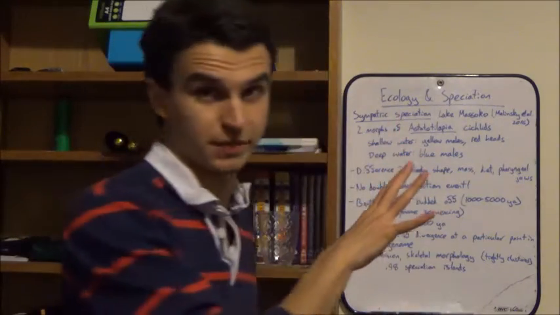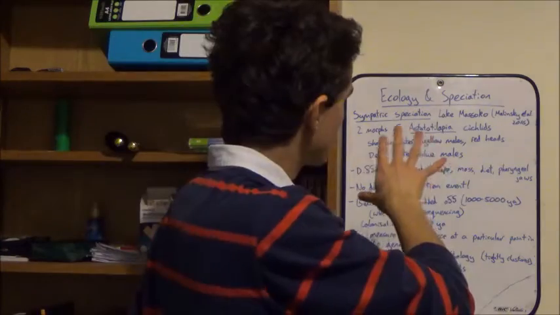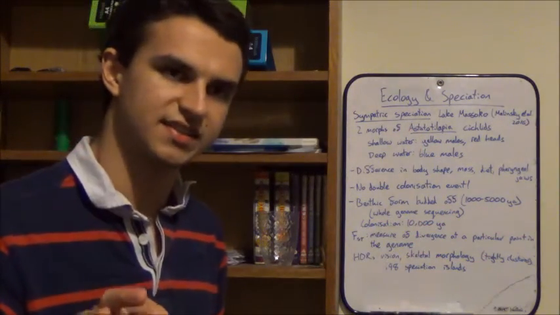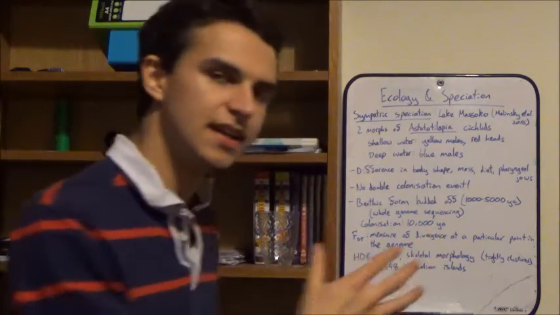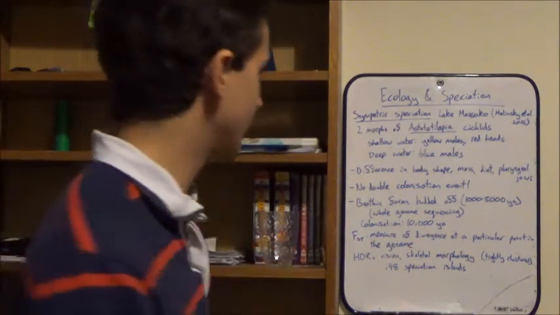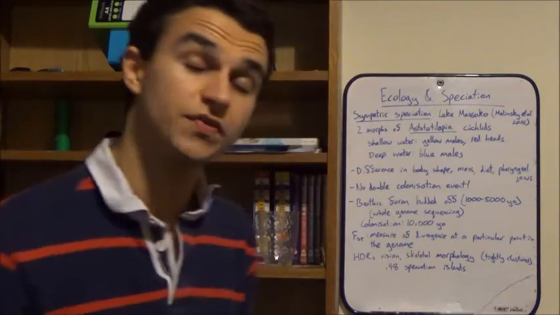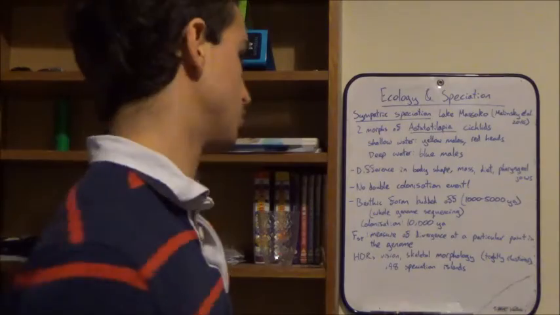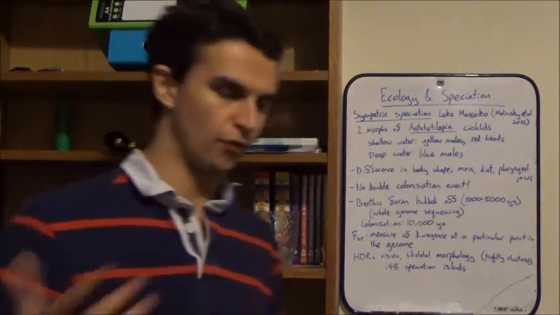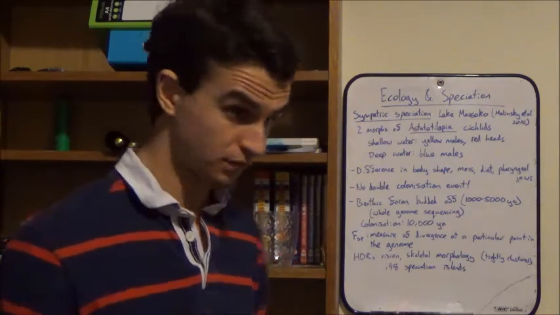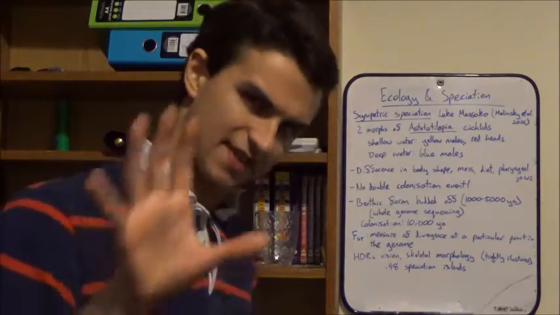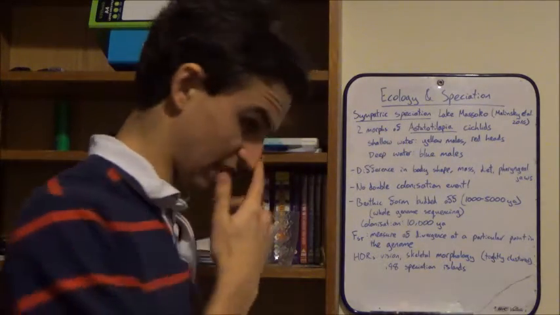And other differences we see is that the shallower morphs tend to have different diets. So they tend to feed on algae and hard-shelled prey, whilst the deep water morphs feed on zooplankton. And we also see differences in morphology between these morphs: differences in body shape, mass, diet, and pharyngeal jaws as well. So there are loads of instantly noticeable differences, even though they're the same species.